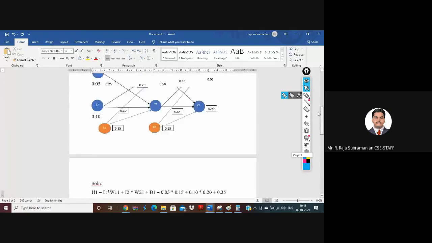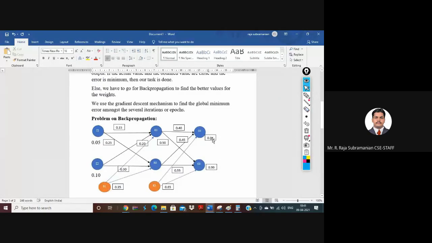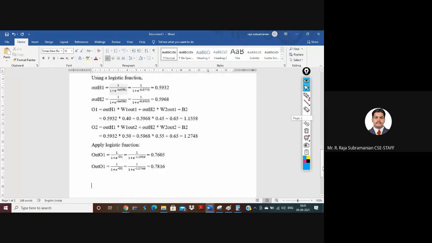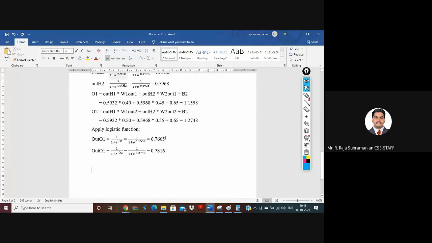Now we got the output values. Let us see what the actual value required is. The actual values required are 0.01 and 0.99. But the obtained values are 0.7605 and 0.7816. So it is actually a huge difference between what is required and what we obtained. Let us find the total error. What is the error from output 1?